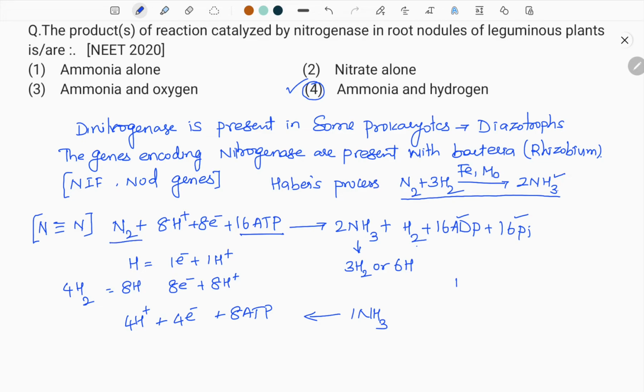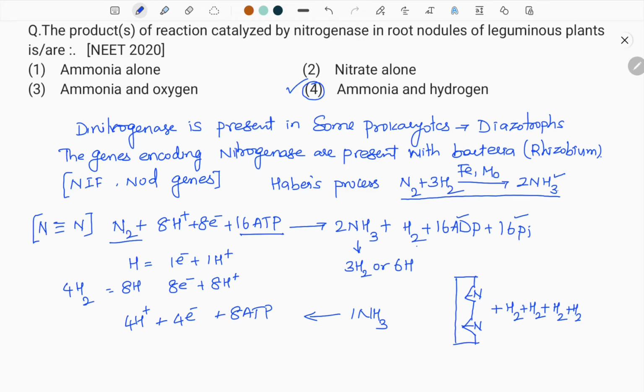Remember that the dinitrogenase enzyme has 2 active sites. In each active site it can bind 1 nitrogen, so it can bind 2 nitrogen atoms at a time. It cannot bind only 1 nitrogen atom. Hydrogen molecules are added one after the other like this: H2, H2 and H2.